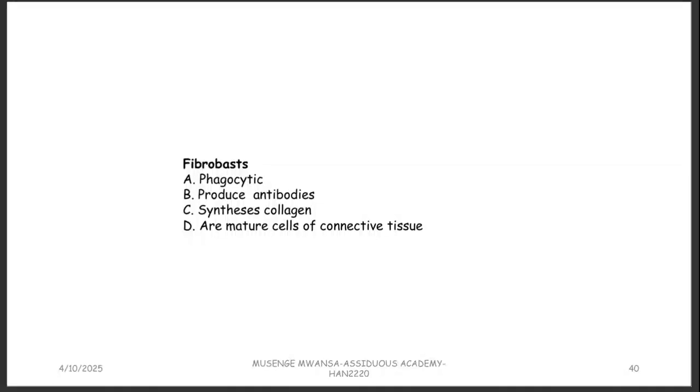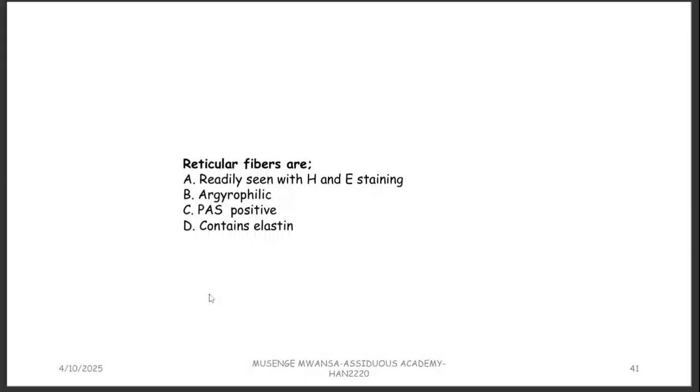Fibroblasts: A, phagocytic, produce antibodies, synthesize collagen, are mature cells of connective tissue. Anyone that can pick an option here? Okay, so fibroblasts make collagen.